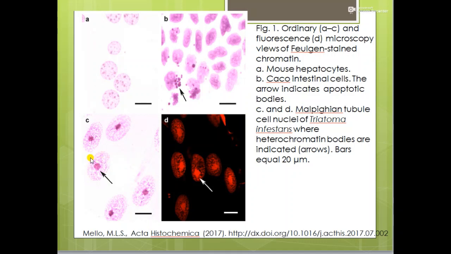In the Malpighian tubule, you can see the nucleus. Of course, we know the genetic material is found to be greater than in the cytoplasm. So the localized identification of the nucleus of a particular cell is also possible based on the intensity of the Feulgen staining at certain regions.